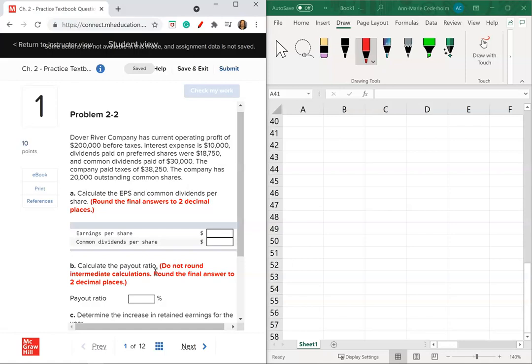I always like to write out the formula before I solve it, just so I know I'm picking the right ratio to do. The earnings per share formula is your earnings after tax, and then you subtract your preferred share dividends. I'll just call them preferred dividends, and those are the ones paid during the year.